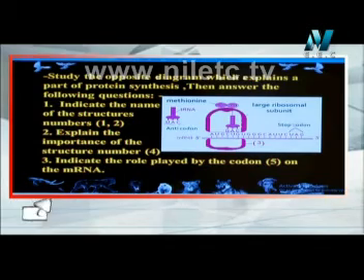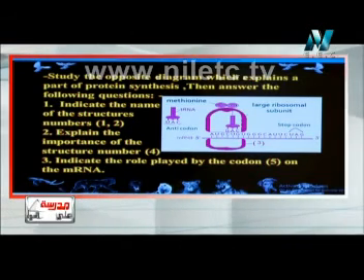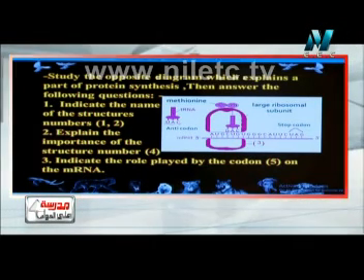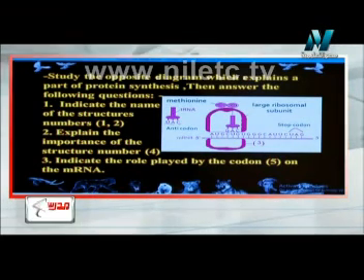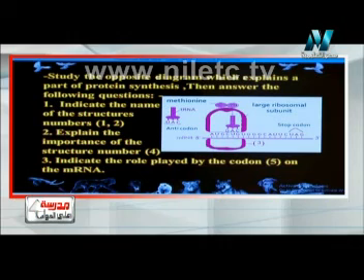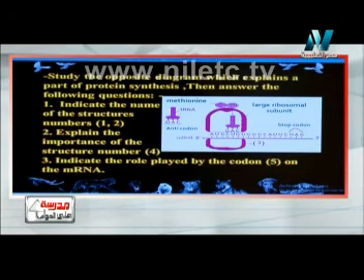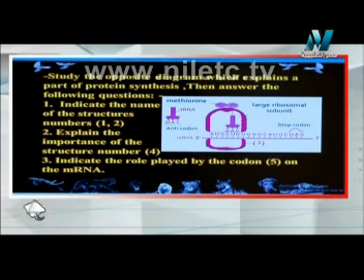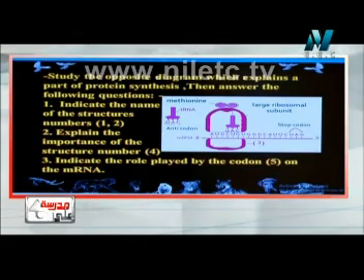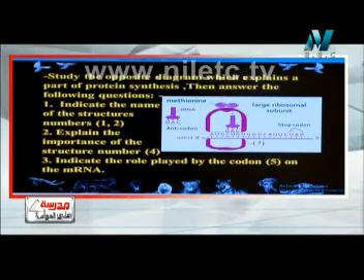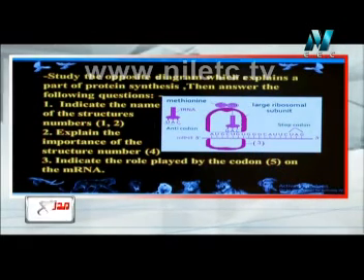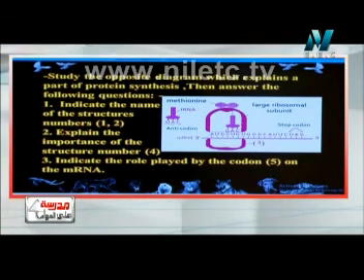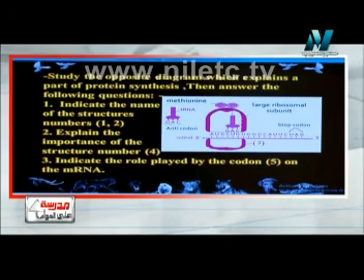So the stop codon is a certain codon on the mRNA, such as UAG, UGA, and UAA, that carries the protein called the releasing factor, which causes the termination of protein synthesis, meaning the separation of the small ribosomal subunit, the large ribosomal subunit, and the polypeptide chain in the cytoplasm. So that is the importance of the stop codon.